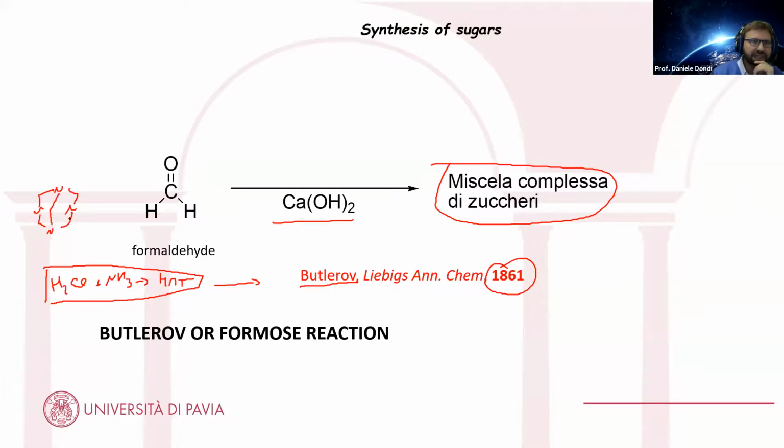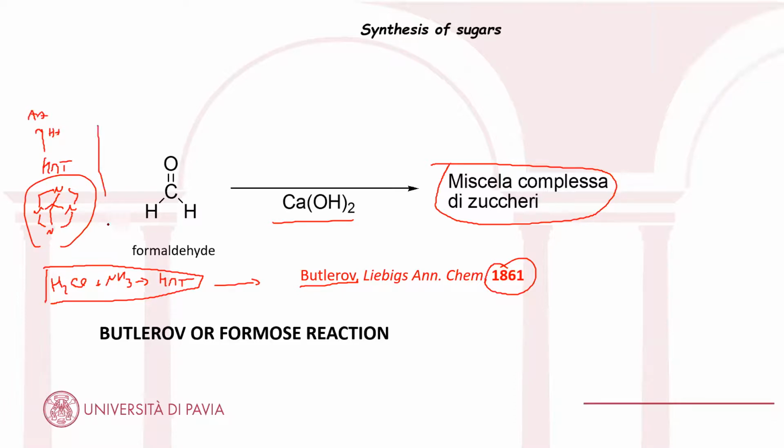It's like adamantane, but with nitrogen at the top. We spoke about hexamethylene tetramine in some other slides, because we found it in the photochemistry of interstellar ices, and it could also be a precursor of amino acids. But this was a discovery of Butlerov.